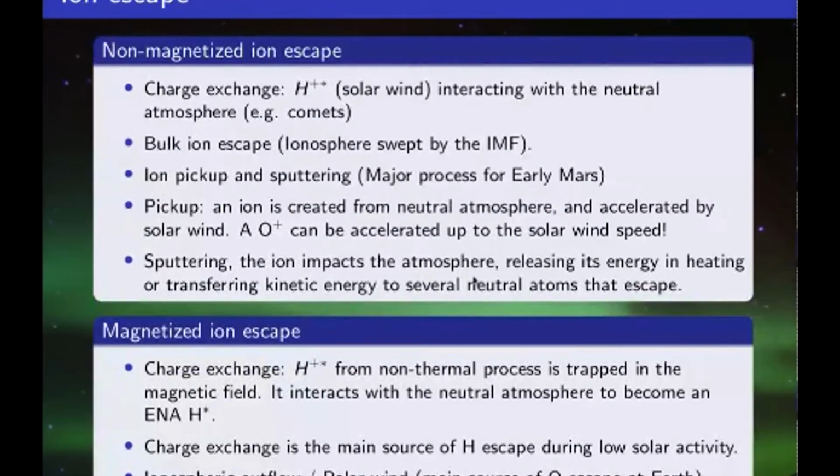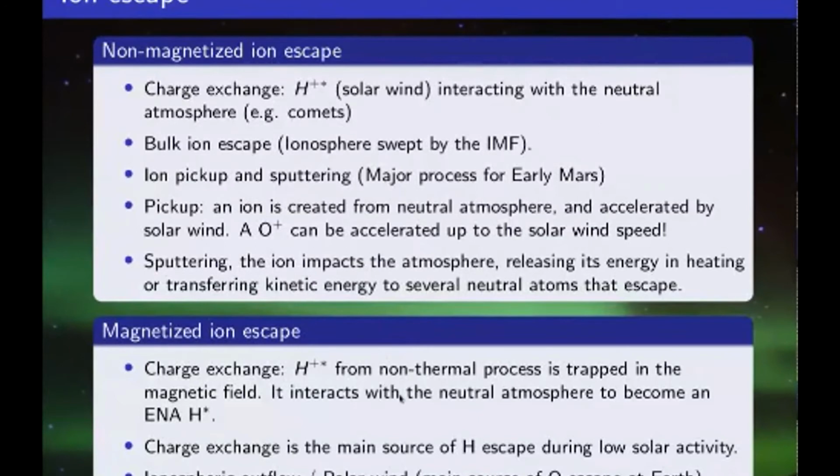What is a big problem for us, because we want to speak about magnetic field impact, is really the ion escape processes. And we have really two regimes of ion escape, magnetized and non-magnetized, because we often hear that a magnetic field, a global magnetic field, will shield the atmosphere.